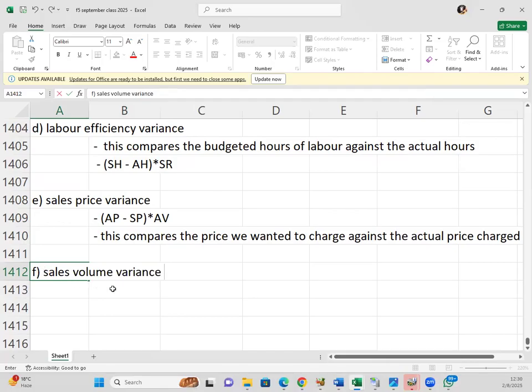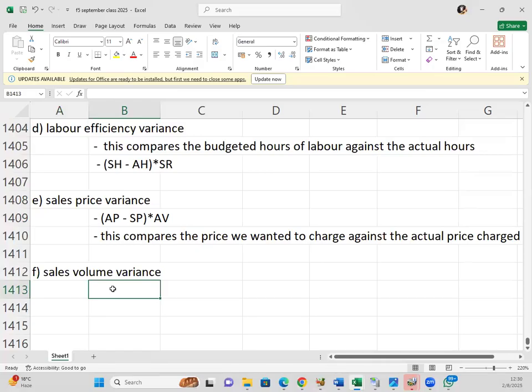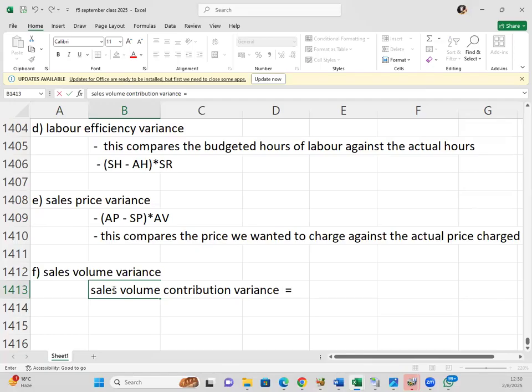This one, it's in two. We can have the sales volume profit variance or sales volume contribution variance. For the sales volume contribution variance, the formula is the actual volume minus the standard volume times the standard contribution per unit.